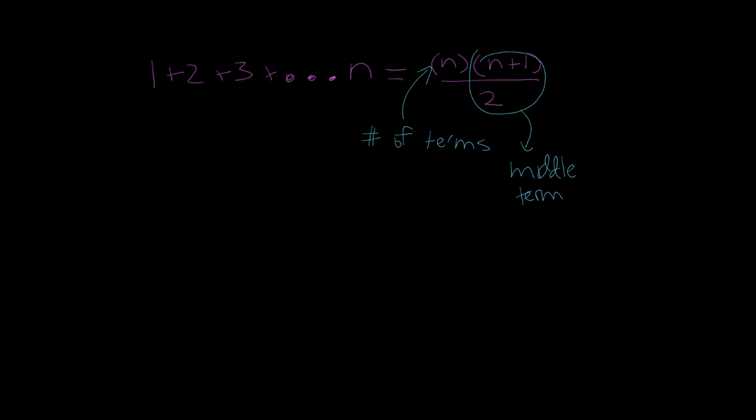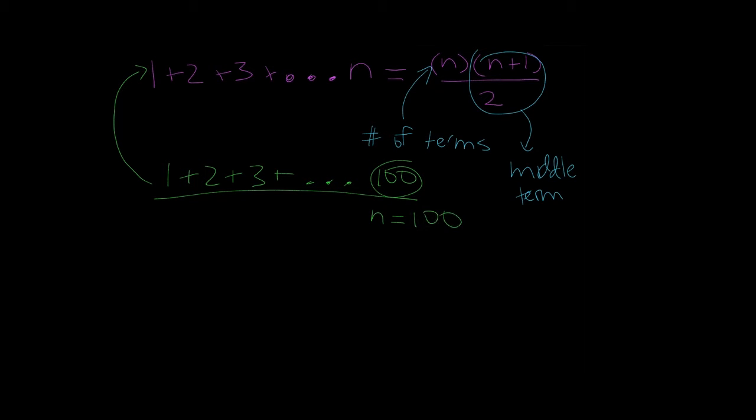So for example, we can use this formula and see it in action. Let's look at the series 1 plus 2 plus 3 plus, and then all the way up to 100. Again, we can see that this sequence is of this form, because we're summing the positive integers from 1 to a number n, and in this case, n equals 100.